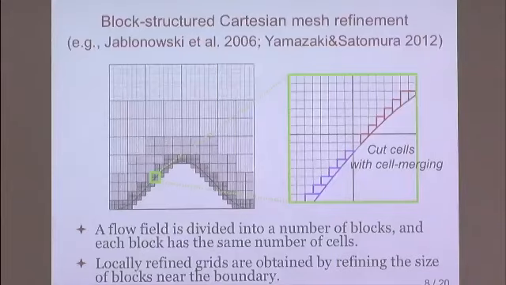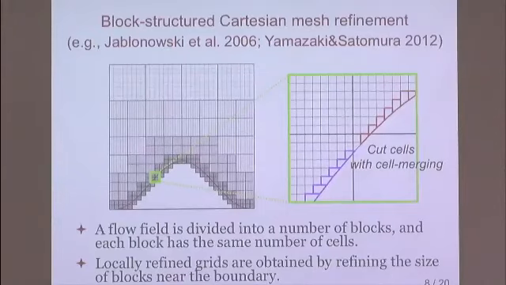This is the most distinctive characteristic of this mesh refinement approach. And while Christian Jablonski uses the same type of mesh refinement on the horizontal mesh on the sphere, we use the same concept of mesh refinement vertically like this.